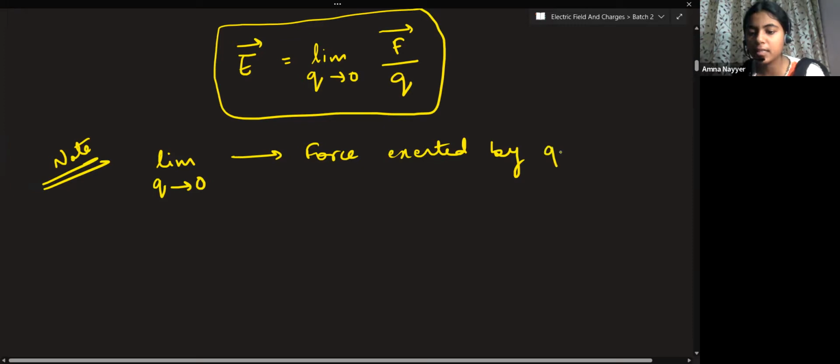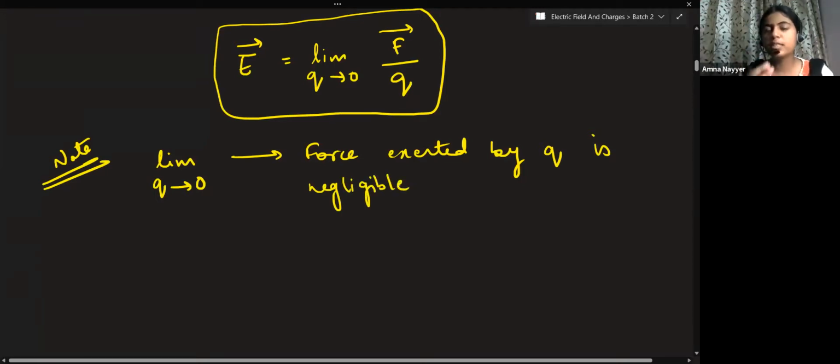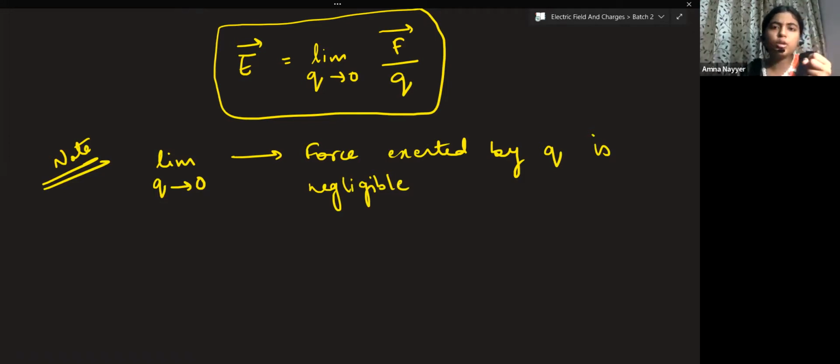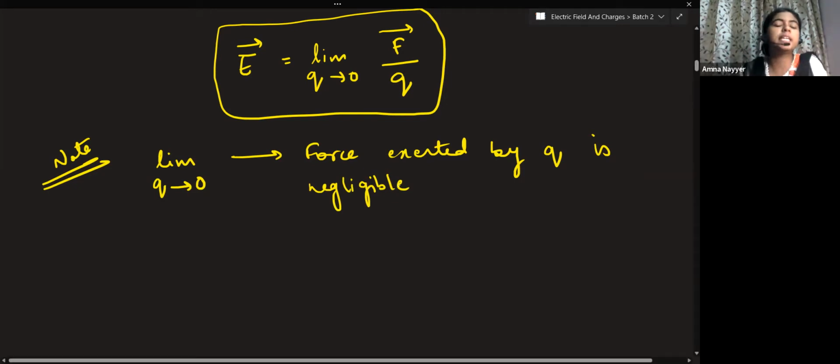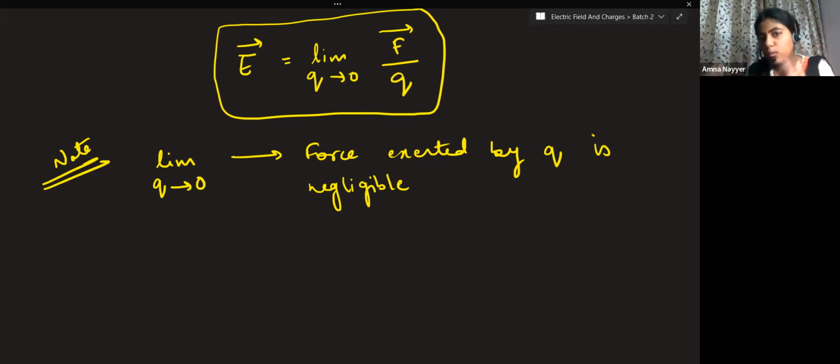Force exerted by small q is negligible. So what happens? If the force exerted by small q is negligible, then plus Q doesn't have a reason to move. That's why it becomes a stationary source charge, which is what I was describing to you. Since the force exerted by small q is almost negligible, it won't repel the source charge towards the other side.